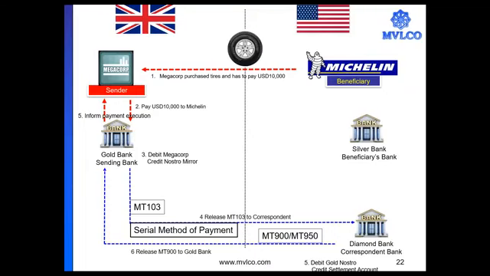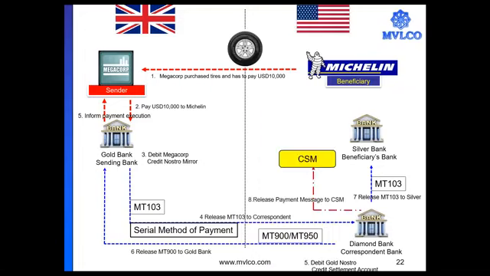Once Diamond has debited Gold Bank and released the MT900, we will push this 103 from Diamond to Silver. Now the MT103 message has moved serially from Gold to Diamond and from Diamond to Silver Bank. After having pushed this message 103 from Diamond to Silver, we'll create one more message at Diamond which goes to the local clearinghouse. It could be a Fedwire 1000 message.